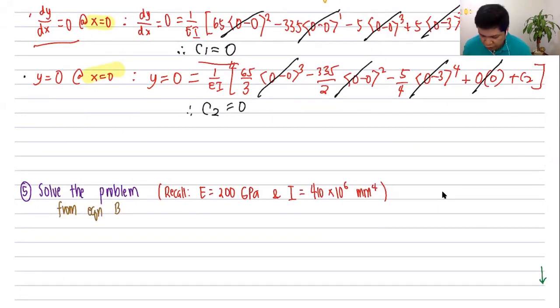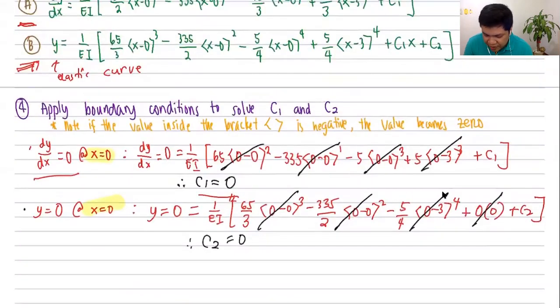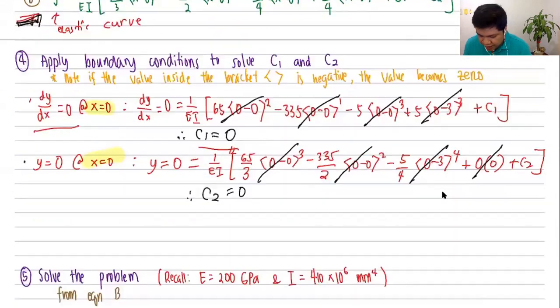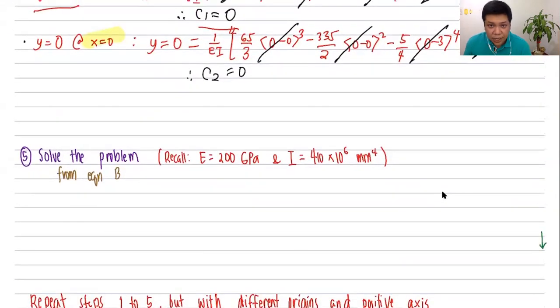From equation B, since I'm solving for the deflection at the free end, what is y at x equal to, what's x if I'm looking at the free end? X is equal to 5, or at C, because that's what I am looking for.